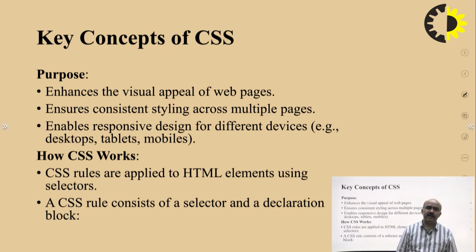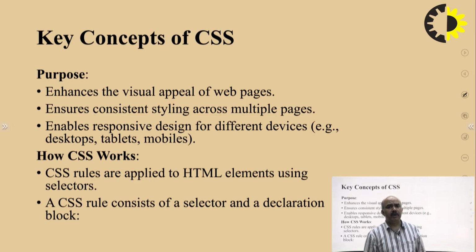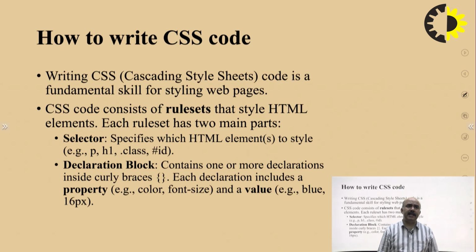CSS rules consist of selectors and the block, or section, where you declare the properties of the CSS. So generally CSS consists of a selector and a declaration block.